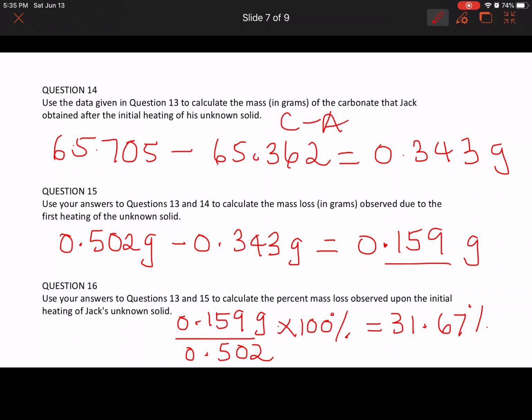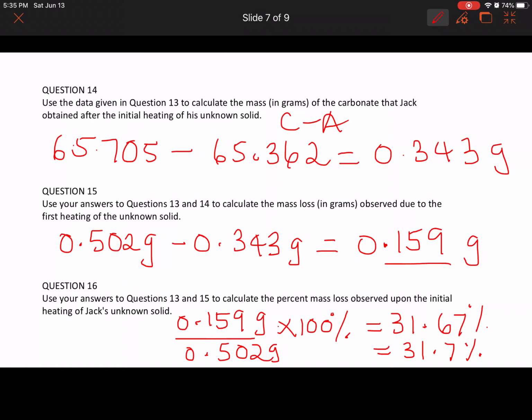31.67%. So this is a division, and we have 3 sig figs, so it's going to be 31.7%. Okay, 31.7, 3 significant figures. Now, is it going to be a carbonate or bicarbonate?